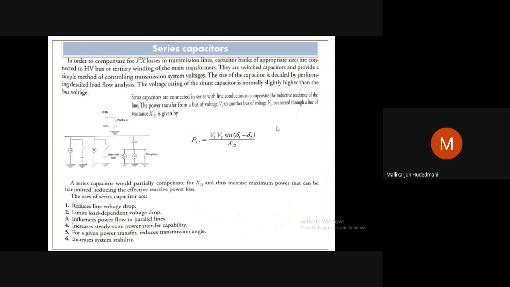So with this way, a very strong compensation to the transmission line is possible. But the only drawback of this system is the capacitors or compensating components which are inserted in series with the line experience the fault current due to any fault which is running on the line, so they may get affected.